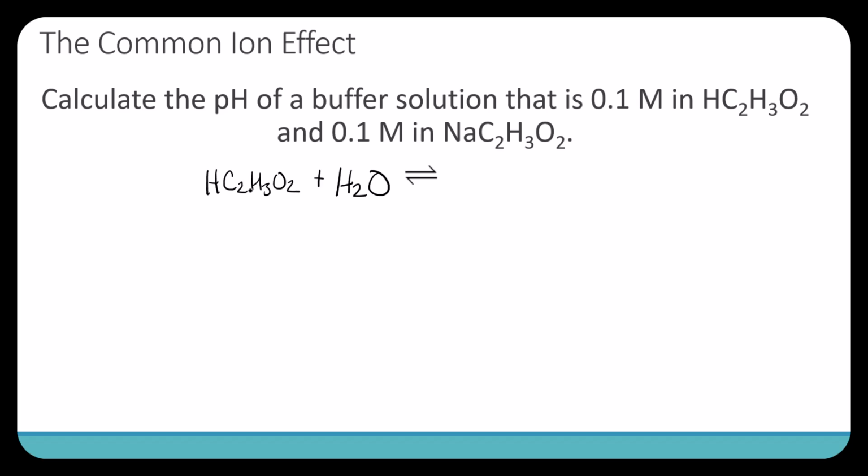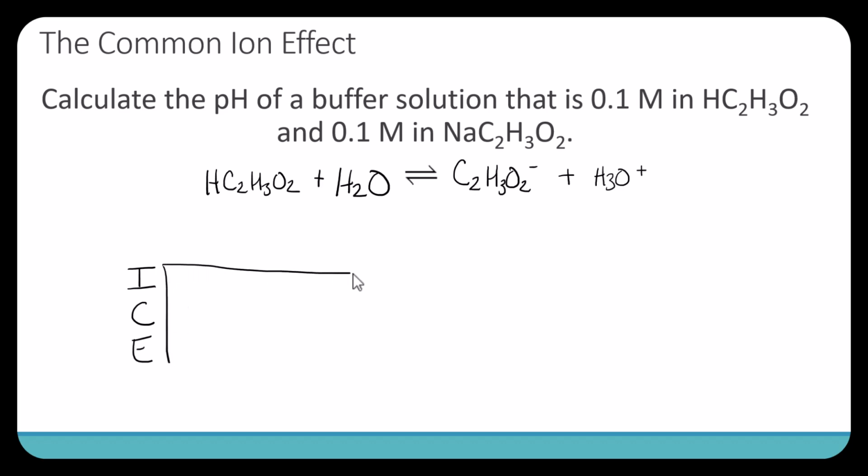So acetic acid is our acid, it's our proton donor. So we're going to have our acetate ion on the other side. And water is our base, so it's our proton acceptor. So we're going to have hydronium ion. Then we are going to solve this using an ice table because it's still a weak acid, weak base problem.